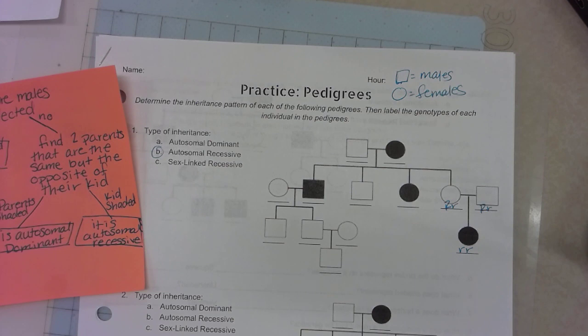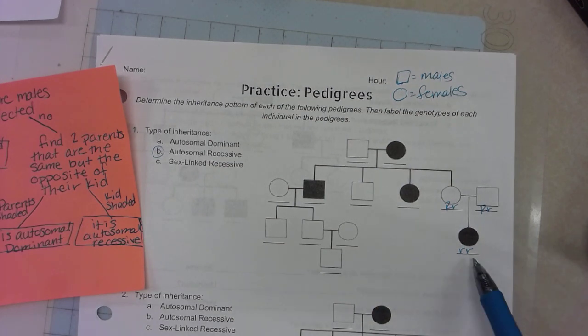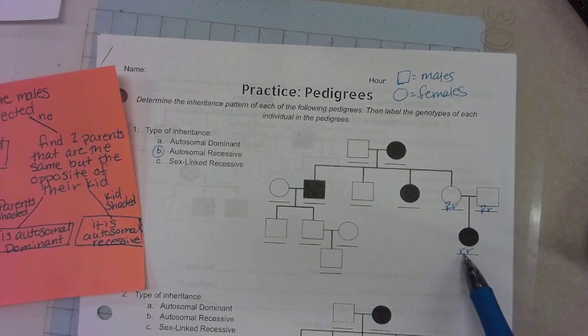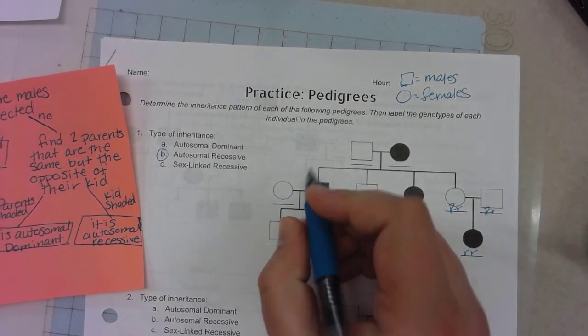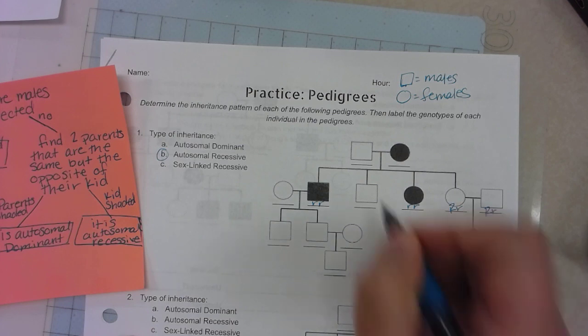Now what I like to do is, no matter what the pedigree, our homozygous recessive ones are always going to look the same within the pedigree. So within this pedigree, because it is autosomal recessive, all the people that have the trait we're looking at are going to be homozygous recessive. So I'm going to go through and fill out everyone who is shaded as little r, little r.